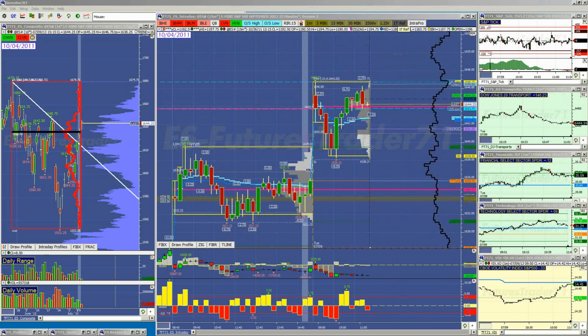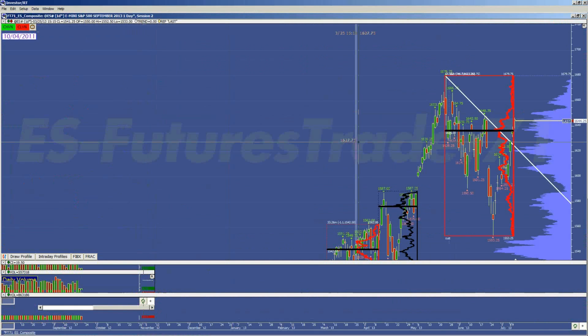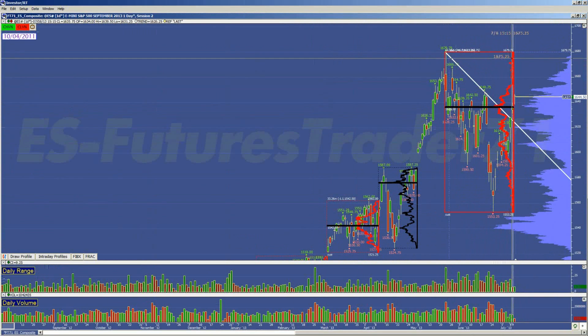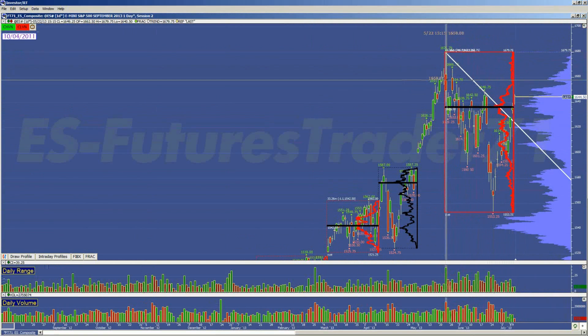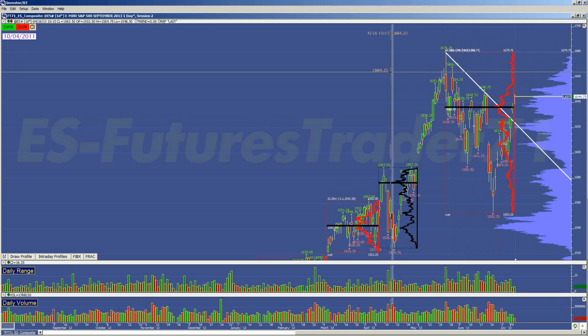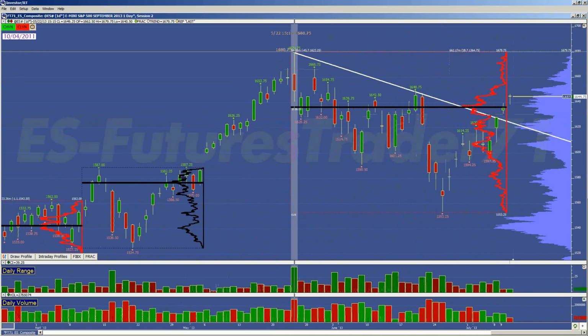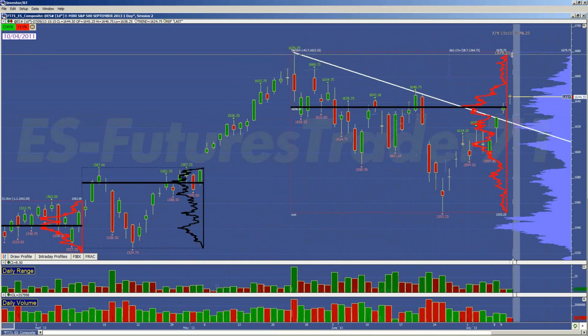I think the name was Do It. What Do It's asking is about this microcomposite. A microcomposite is just a volume profile that I draw for a specific set of bars, and it generally is drawn to show what happened inside a certain set of bars. Like this microcomposite here is describing all the volume at every price.